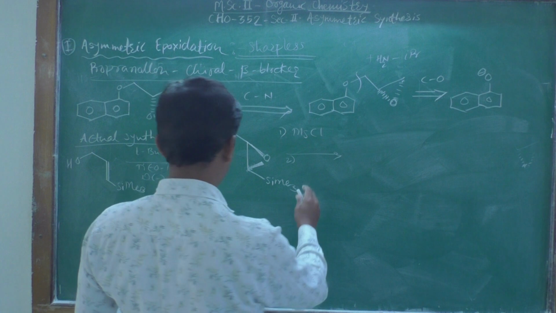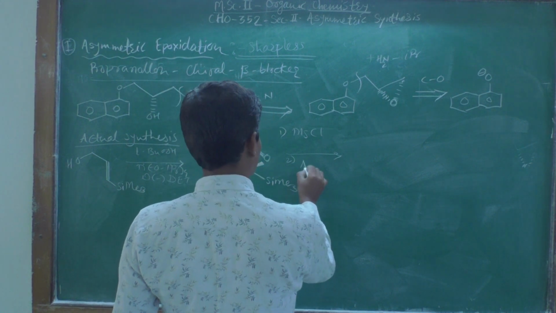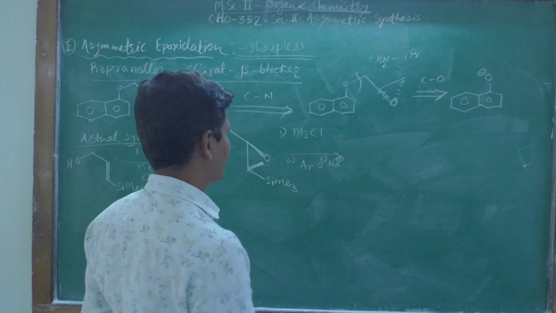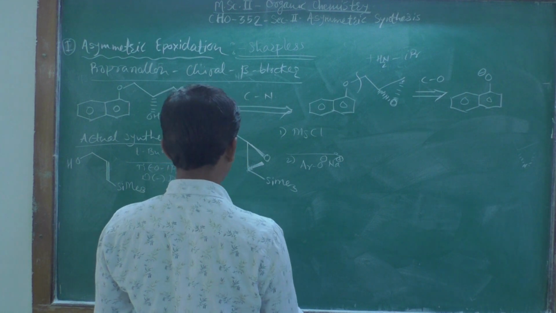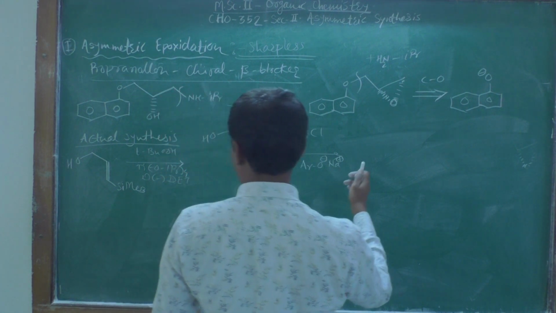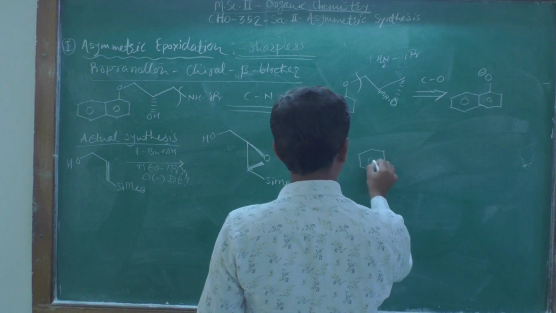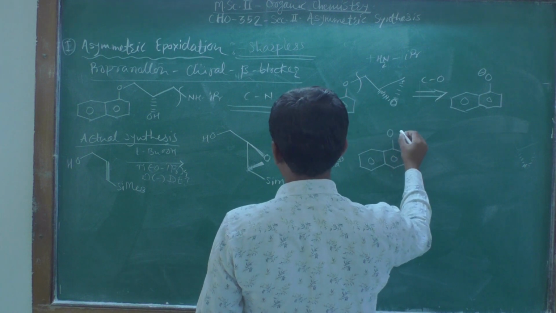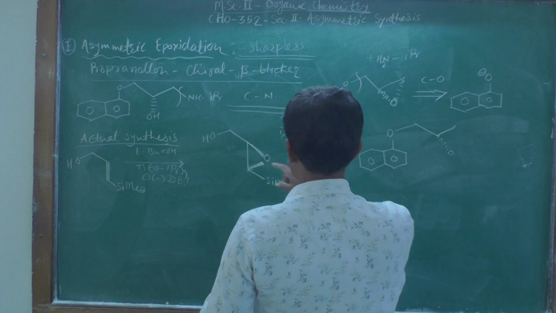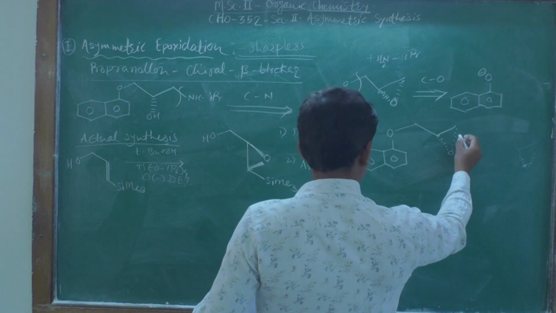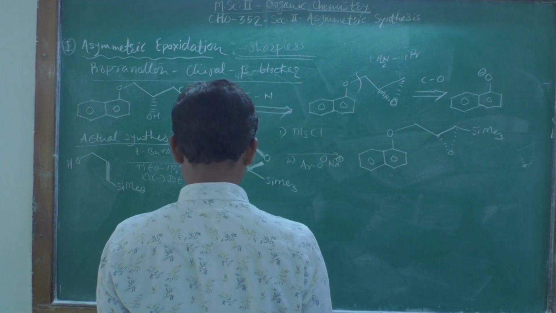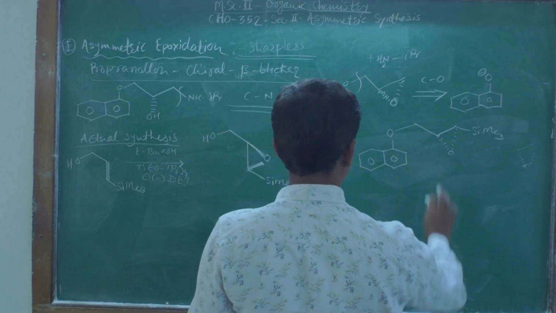And then when we use a nucleophile such as ArO minus Na plus, sodium naphthoxide, it attacks from the opposite side, and that's why this center gets inverted and the molecule will become like this: O, CH2, SiMe3. All these remaining things will remain as they are.